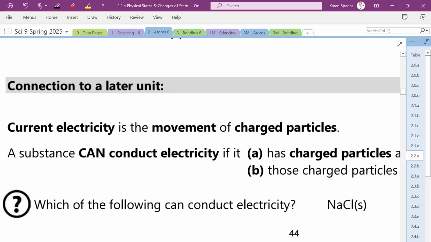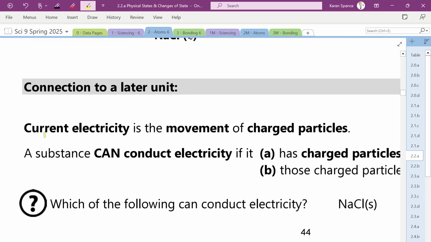So in order to have current electricity, in order for a current to flow, you need to have the movement of charged particles.